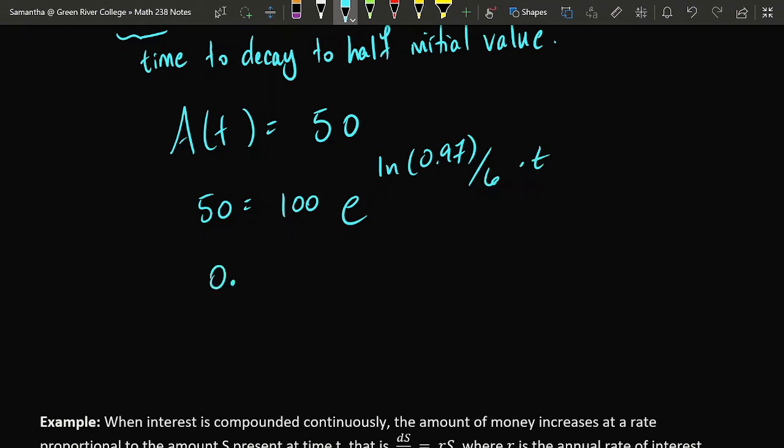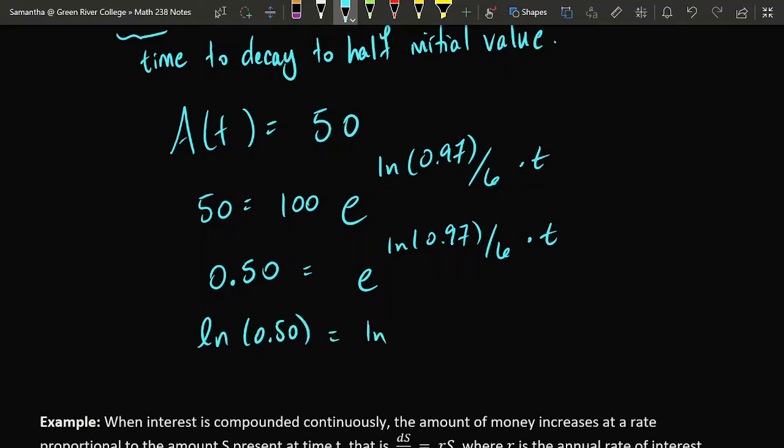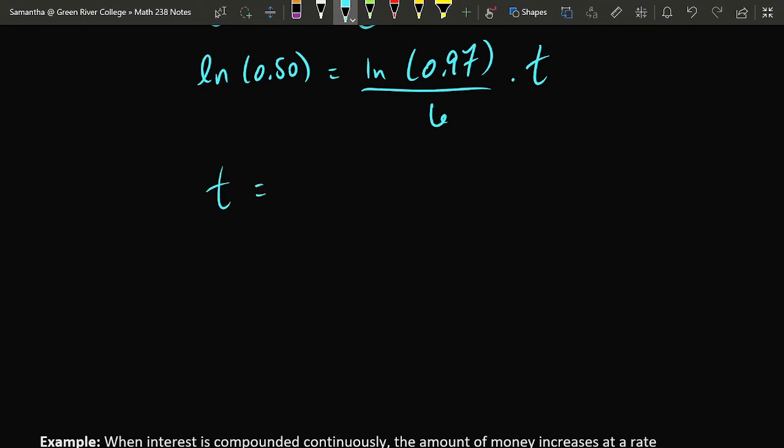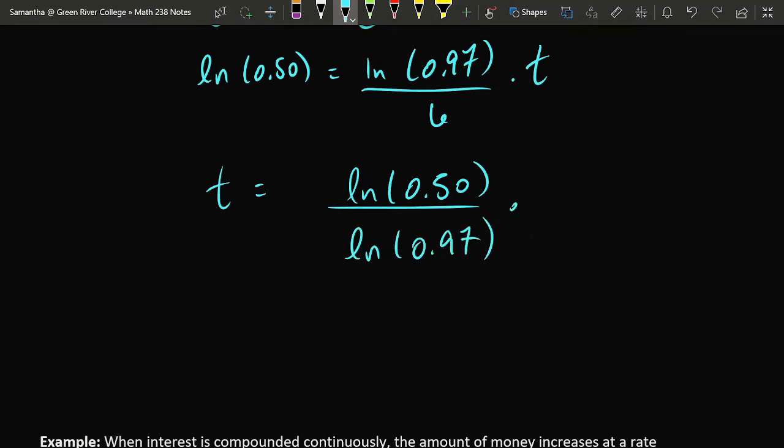So, isolating the exponential, then applying natural log to both sides, we find that the time is given by the natural log of 50% divided by the natural log of 97% multiplied by 6.